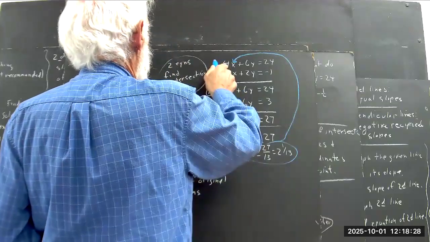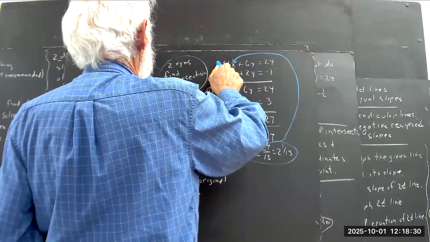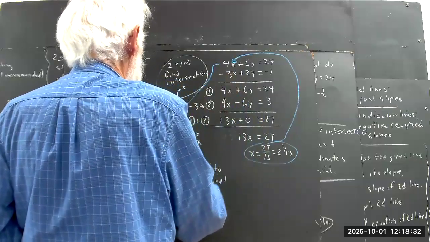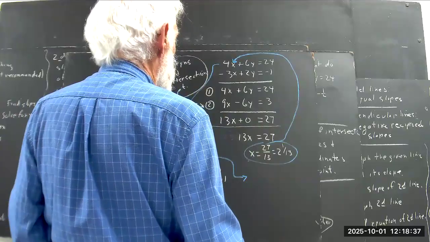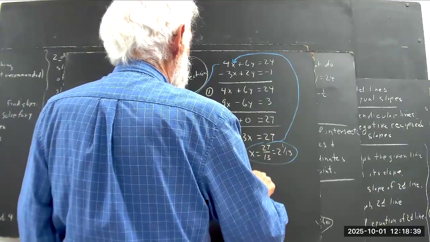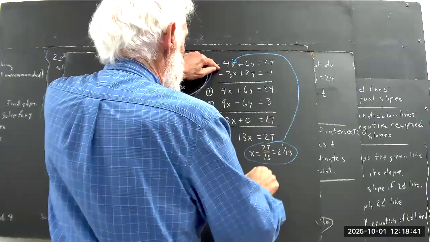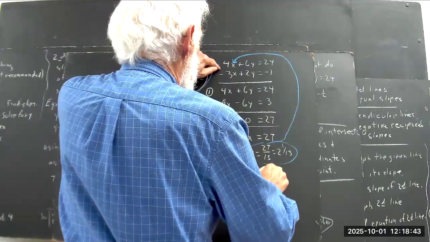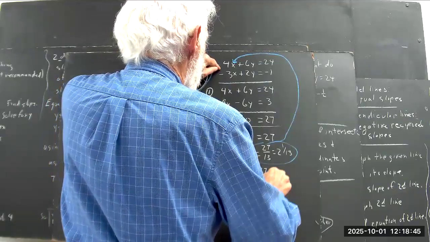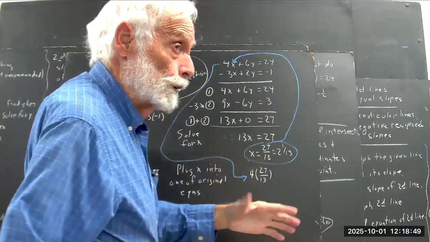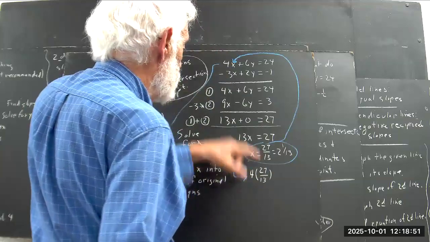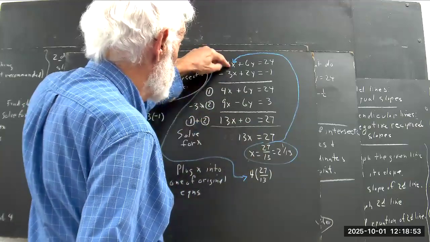Okay, and that equation then comes down here and looks like this. 4 times, I'm not going to use 2 1/13. I'm doing calculations, so I want to use the improper fraction. So I've replaced x by 27/13.